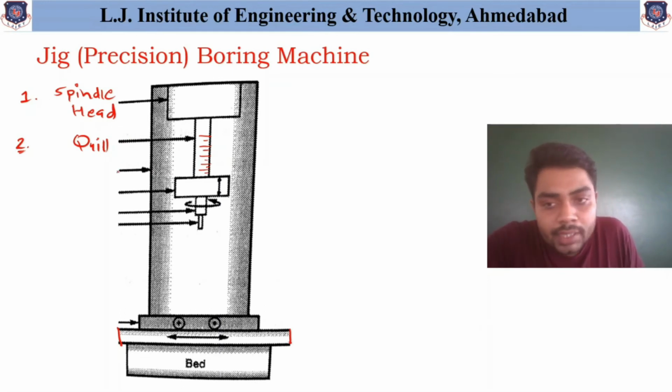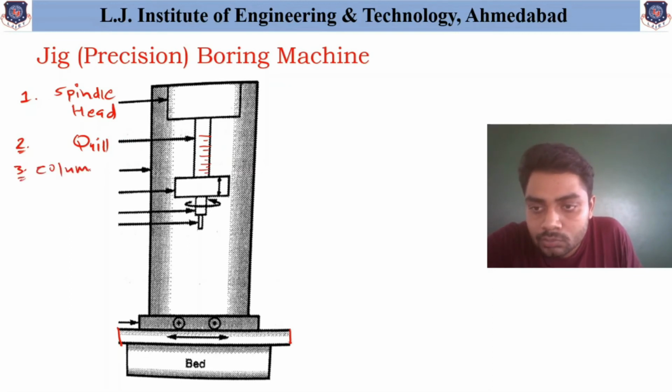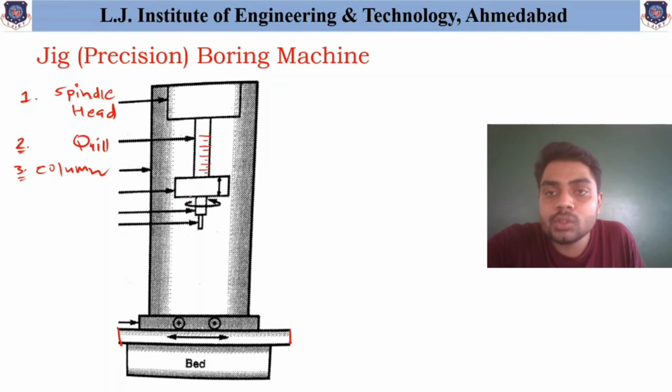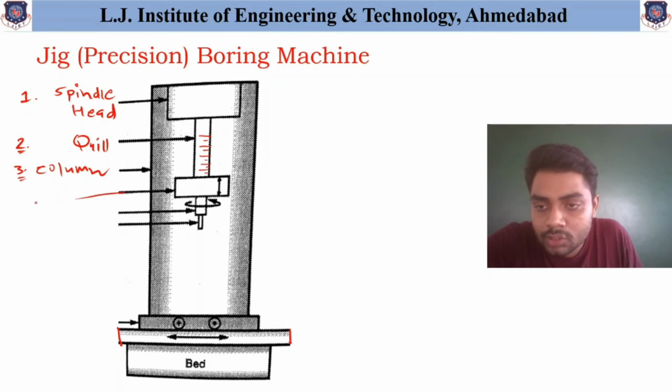The third part is called the column, as it supports all the elements available in this jig boring machine. The fourth part is the spindle housing.